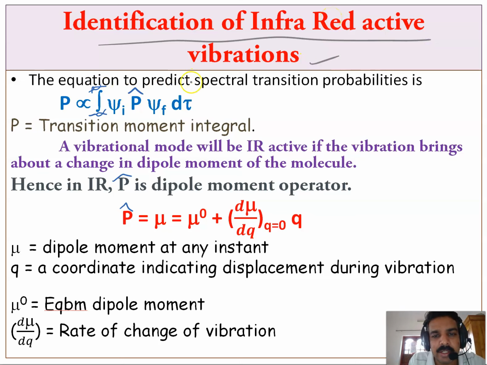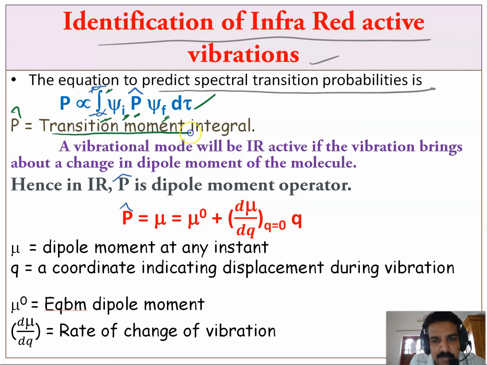You have studied in spectroscopy that the equation to predict the spectral transition probability is P proportional to the integral from minus infinity to plus infinity of psi i P cap psi f d tau. And this P cap is called the transition moment integral.